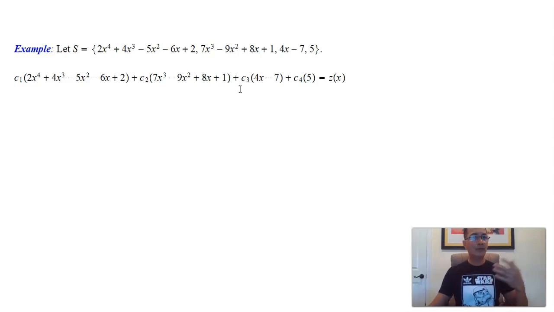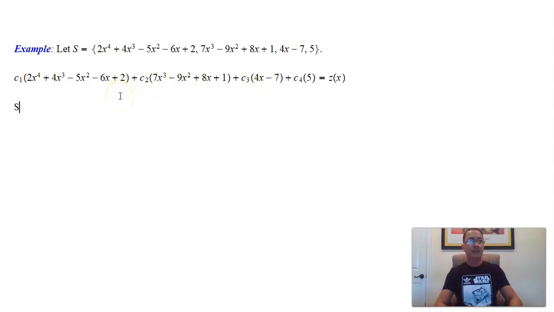We could do exactly what we did earlier: expand the left side and then compare coefficients. But let's do something a little bit smarter this time. What can we do? Well, x to the 4th. Wait a minute, there is no x to the 4th in the other 3 polynomials.